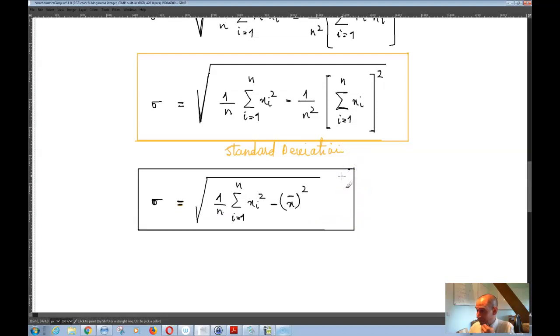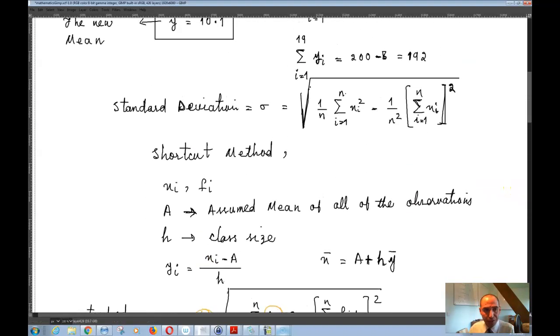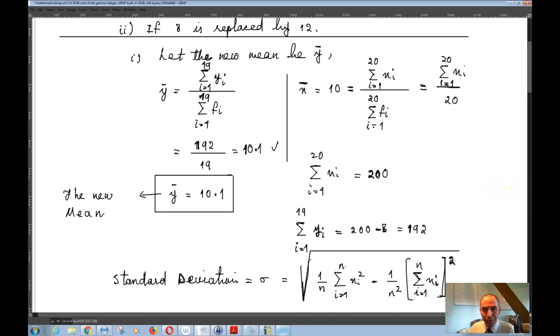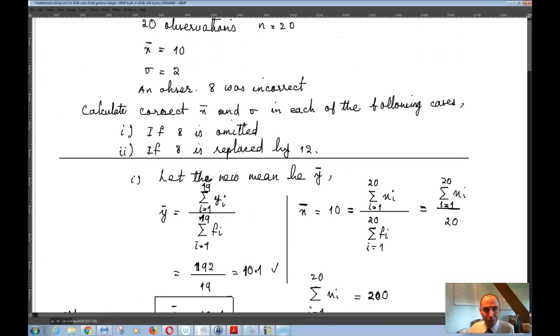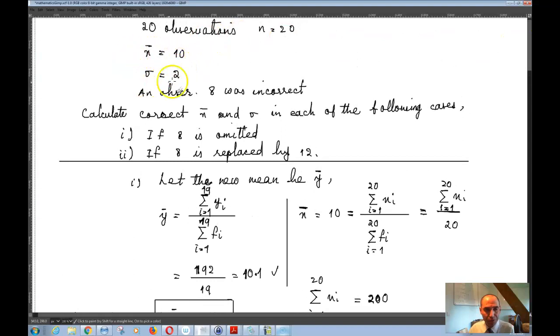Now, over here, we said that the incorrect standard deviation was 2, right?